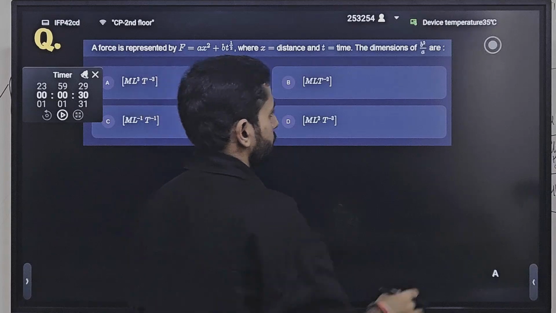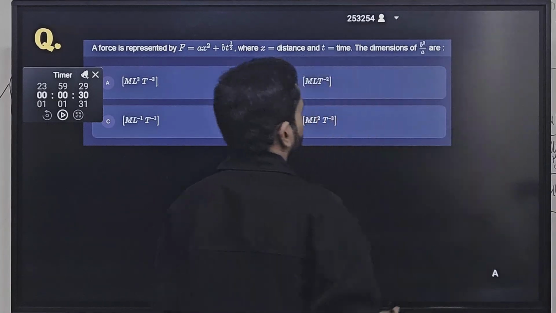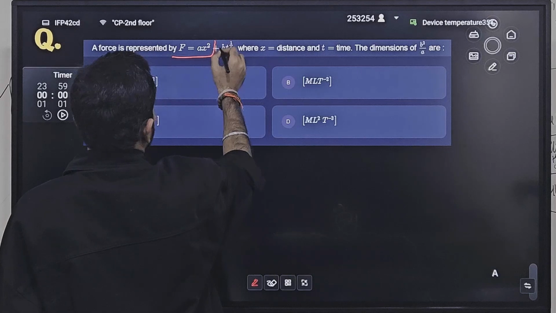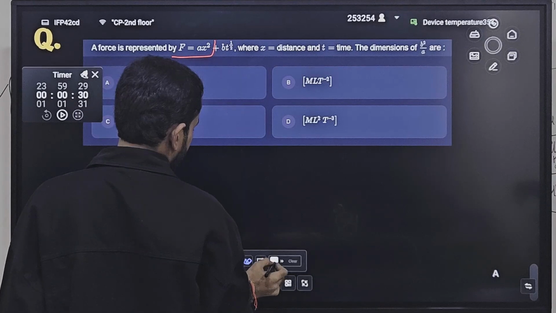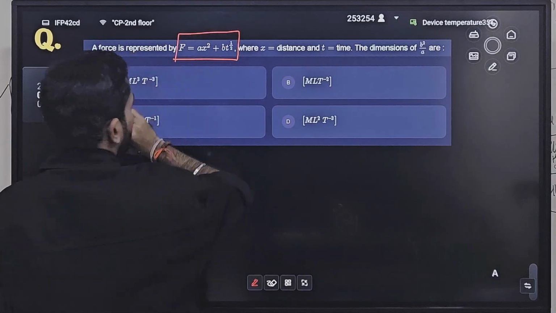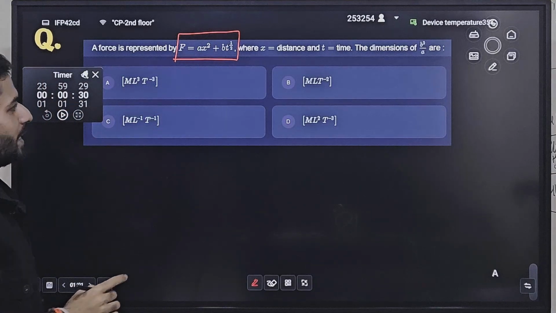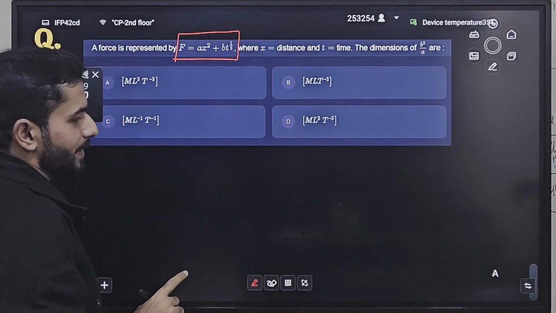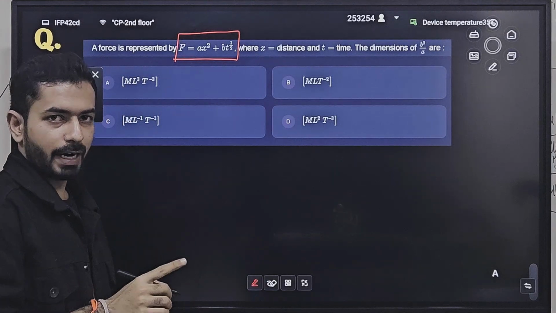Let's see how to solve this question. A force is represented as F is equal to a x square b t power 1 by 3, where x is distance, t is time. Dimension formula for b square divided by a. Basically, again we have to calculate the dimension of a and the dimension of b.